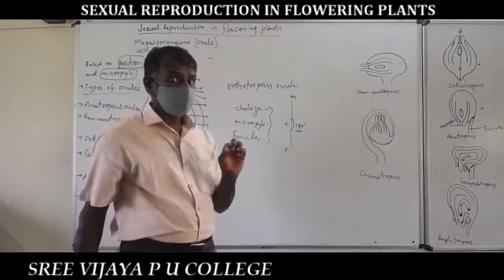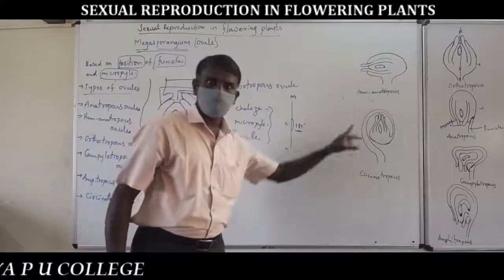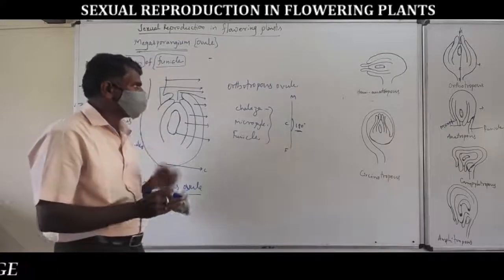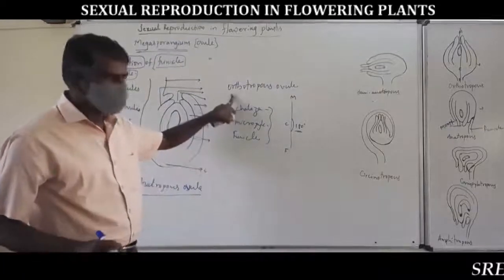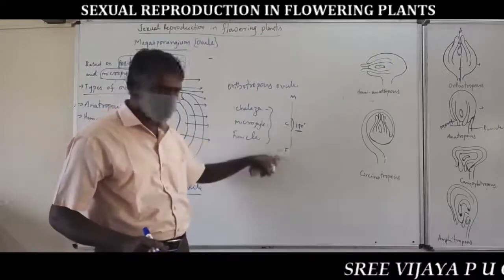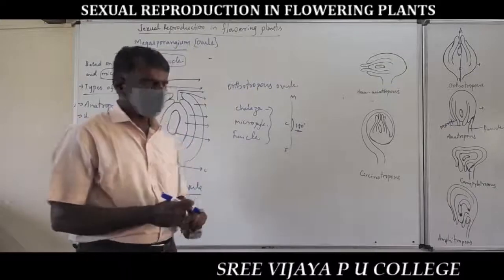So we identified certain differences in the different types of ovules. In the orthotropous ovule, all these three points, micropyle, chalaza and funicle, form a straight line, so that is the formation of a 180-degree angle.